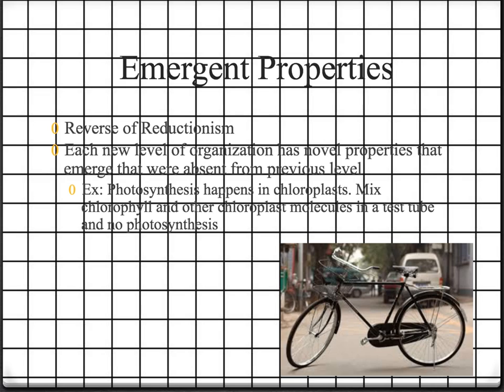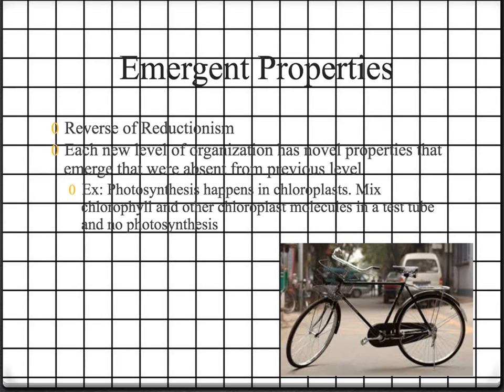The chloroplast has inside of it chlorophyll and some other molecules. If you put chlorophyll and those molecules in a test tube, it doesn't work. We don't get photosynthesis. But if we take all of that and make it into a chloroplast, then we get photosynthesis. So that would be an emergent property when we combine those things together.